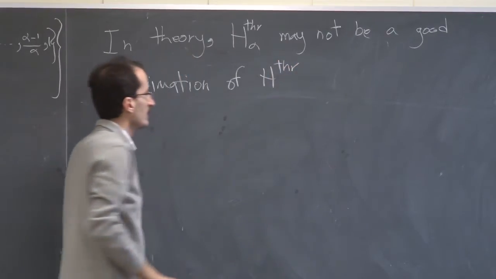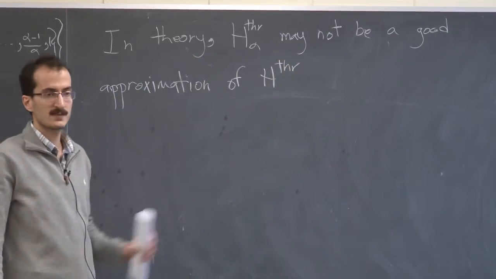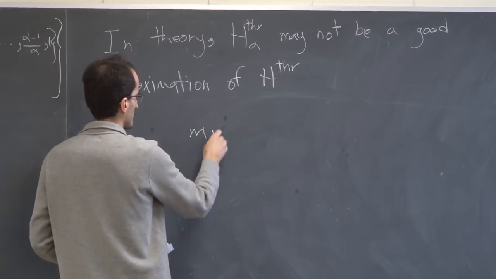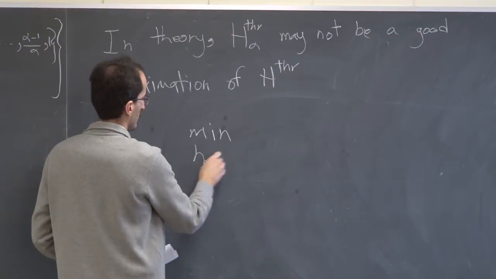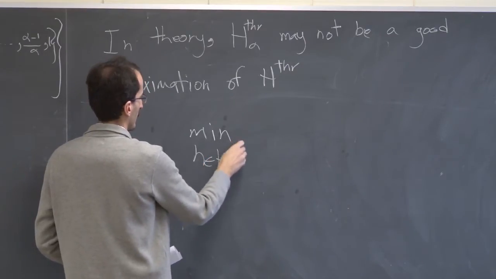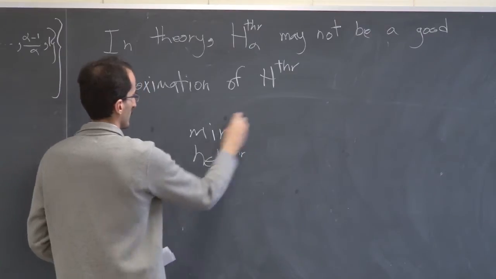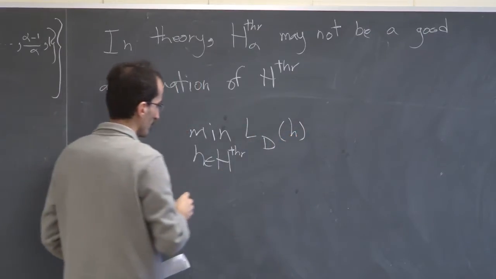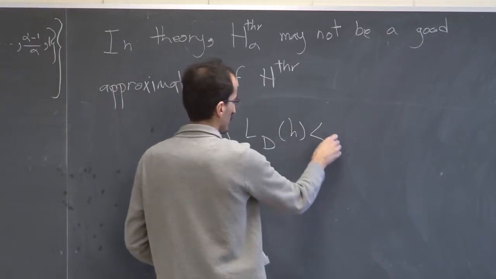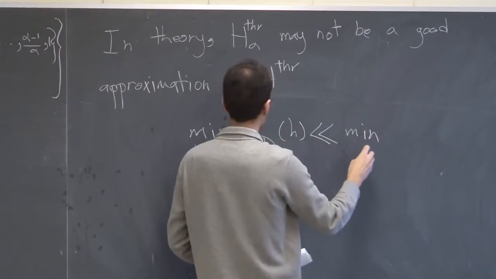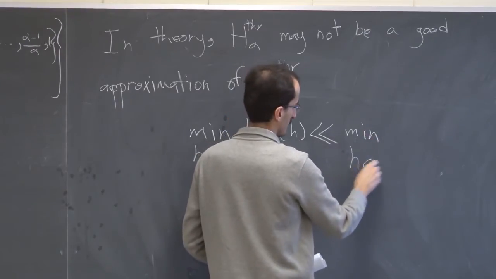In theory, it could not be a good approximation, by which I mean the best hypothesis in the class of thresholds could have a smaller loss than the best one in the discretized version.